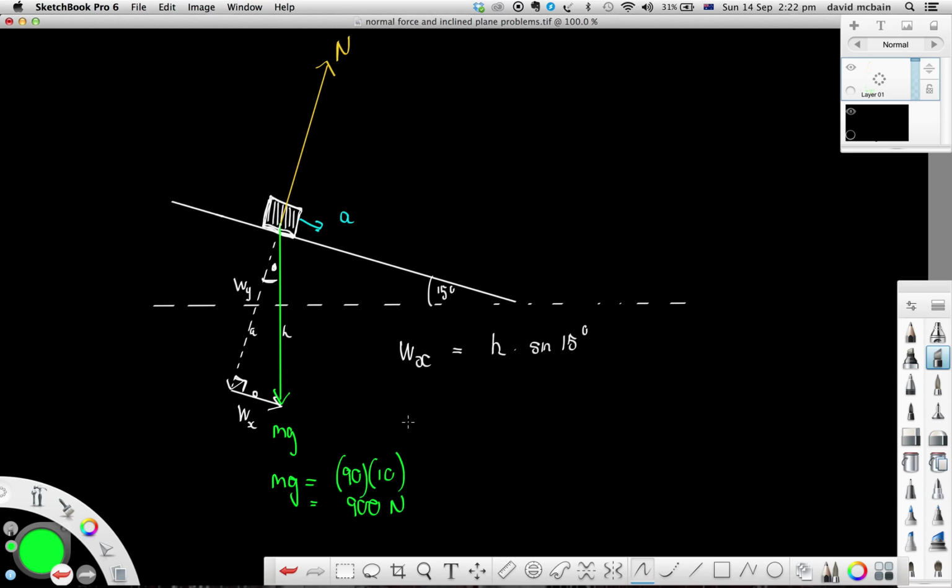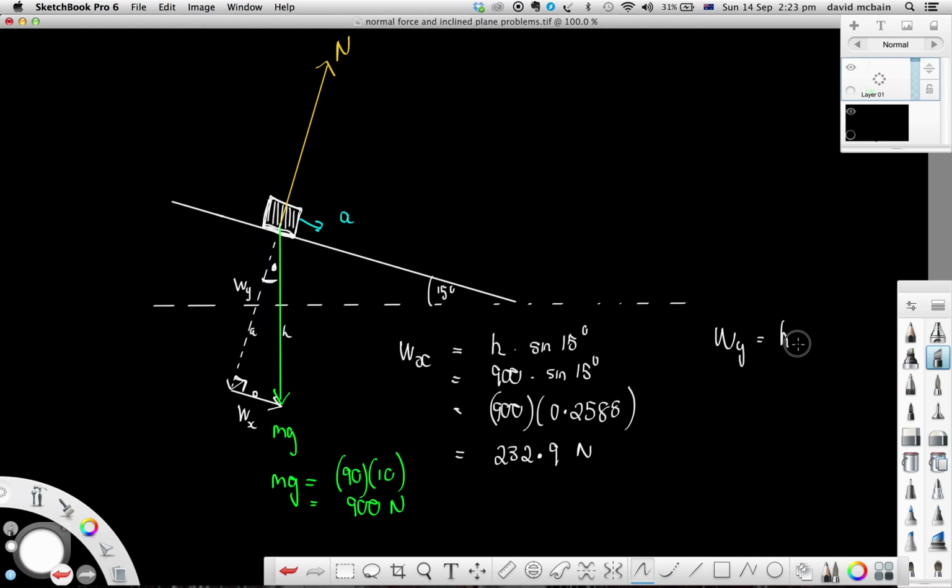So therefore, that will be 900 multiplied by the sine of 15 degrees, and the sine of 15 degrees is 0.2588, so that will equal 900 multiplied by 0.2588, and that equals 232.9 newtons. So that's Wx.